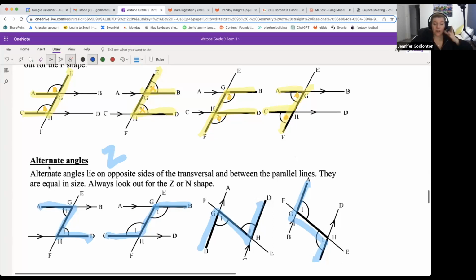Alternate angles are also equal to each other. So this angle is going to be equal to that one. This one is equal to this one. This one is equal to this one. And this one is equal to this one. And that's our letter Z.